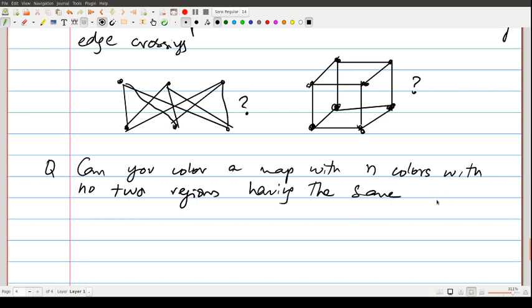This problem can also be tackled using graphs. A map coloring problem can be converted into a graph coloring problem.